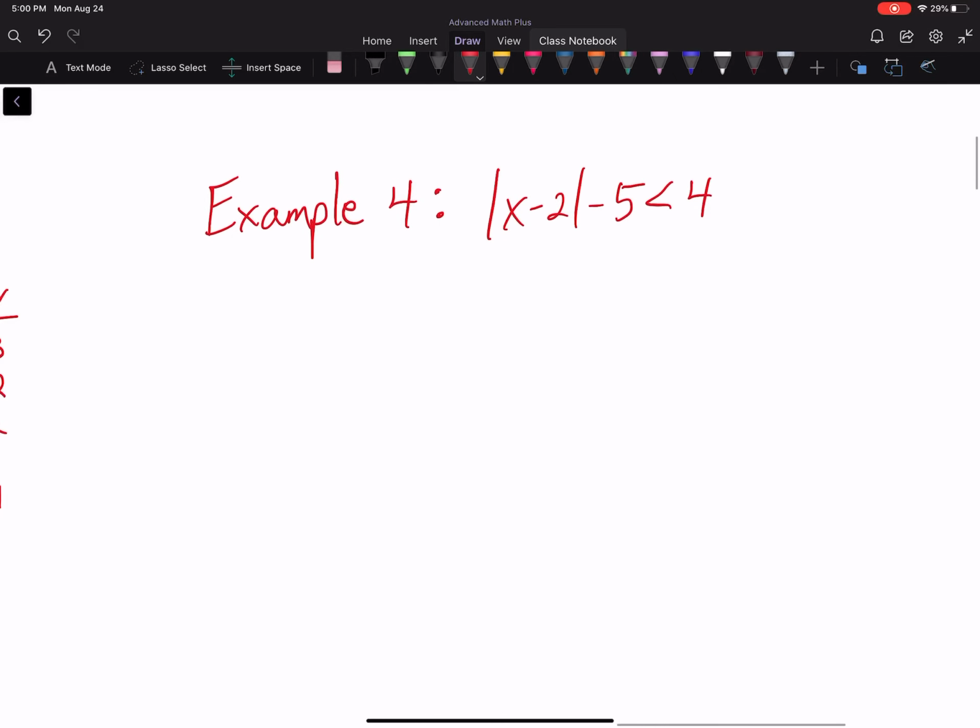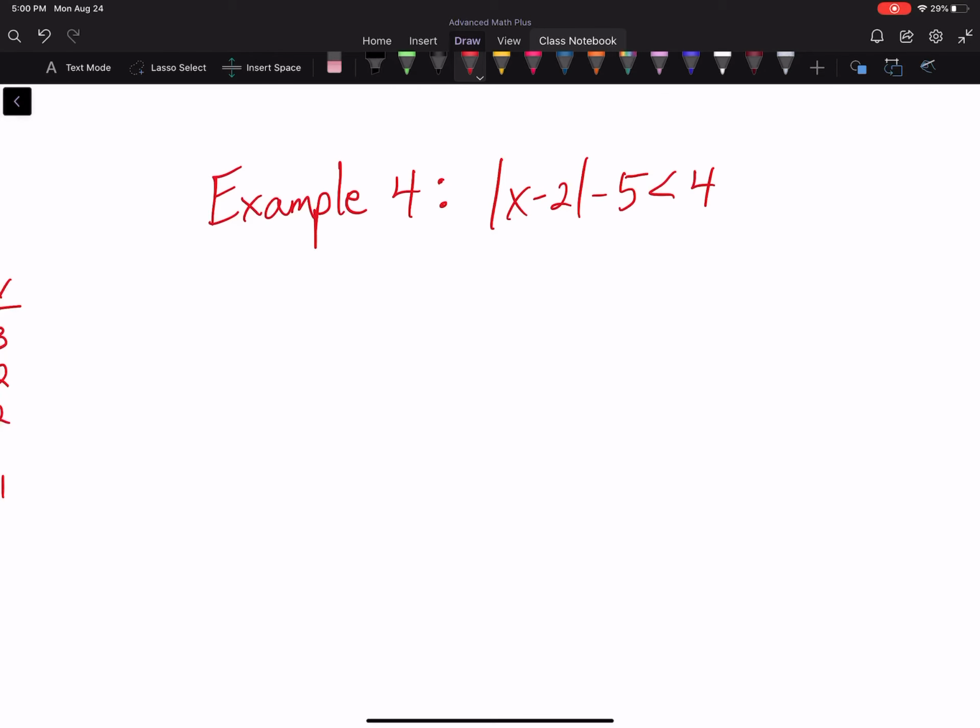So this one, you notice we do not have a y. It's just an x. So we're going to actually graph this on a number line. So if I add 5 to both sides, you always want the absolute value to be by itself.